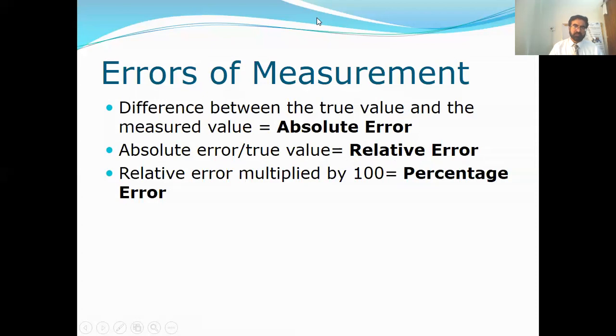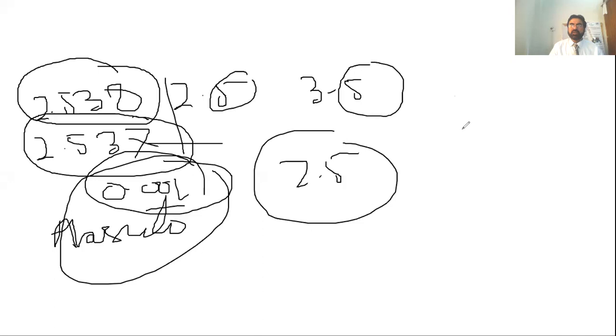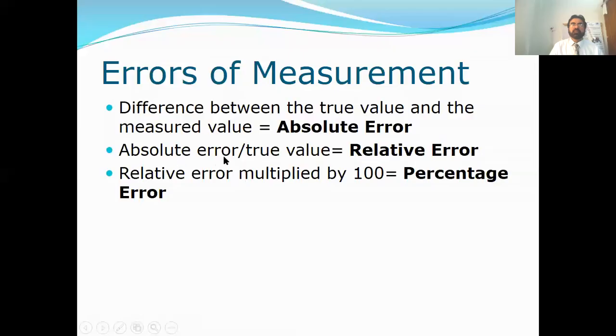For example, if the true value is 2.538, absolute error divided by true value is equal to relative error.